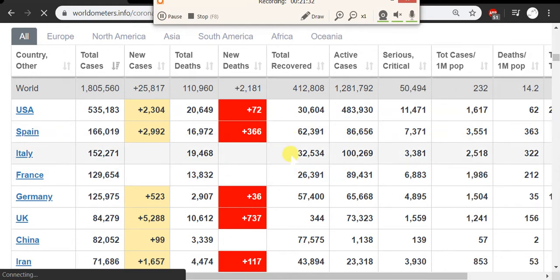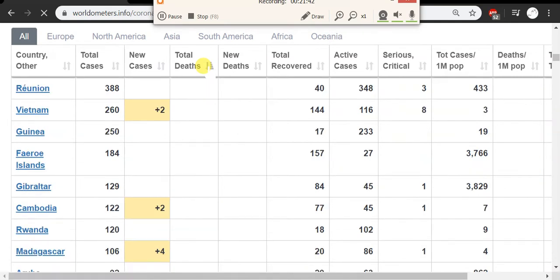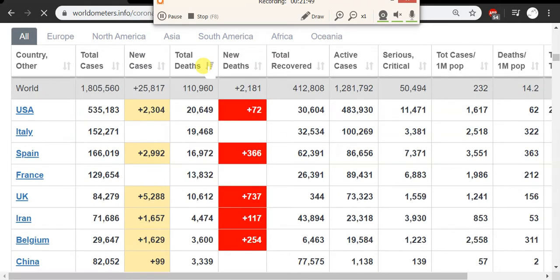We're always going to lose a few people, I think. What's that total deaths here? Let me reshuffle the deck by total deaths. There's countries I never heard of. Some island somewhere. All right, so how's that looking?